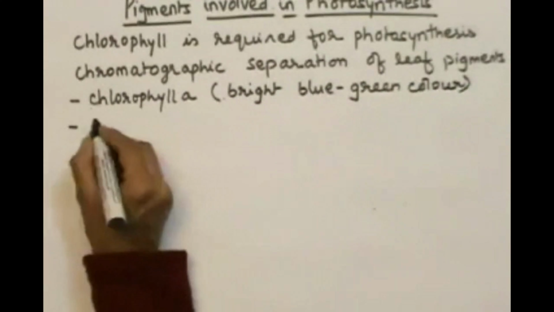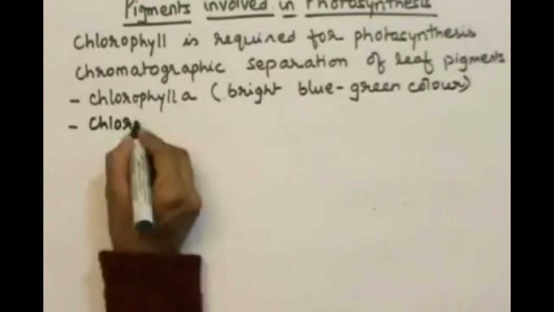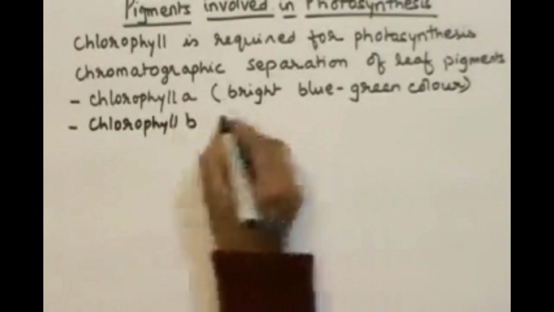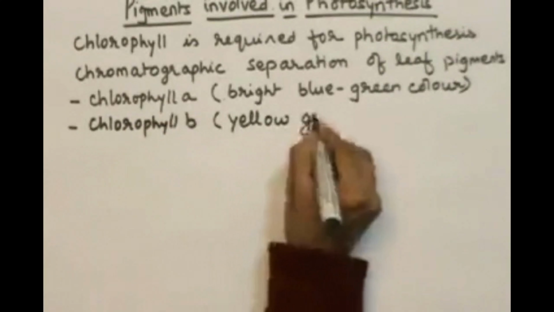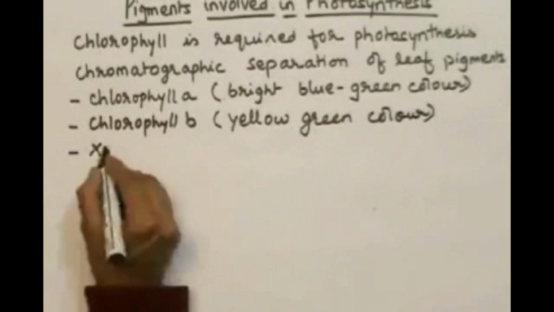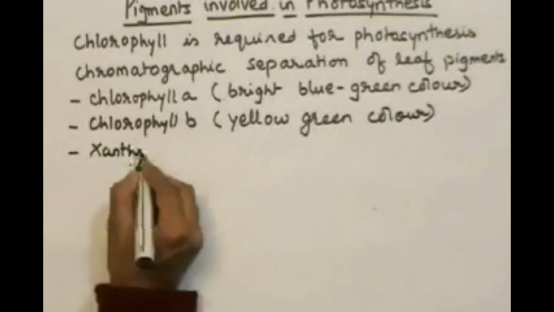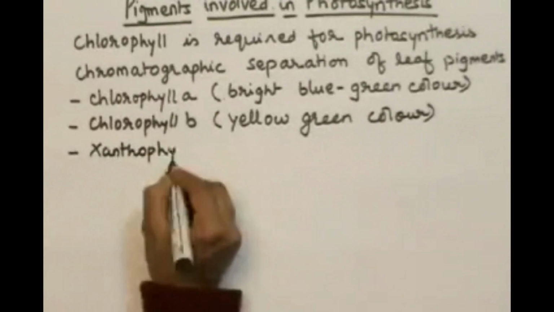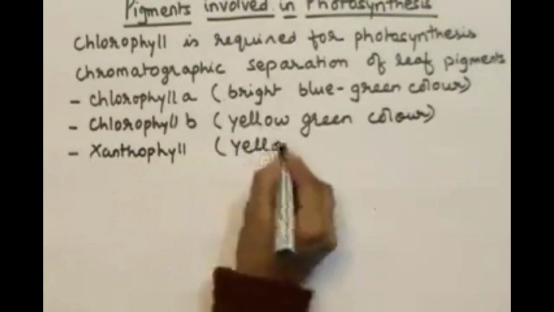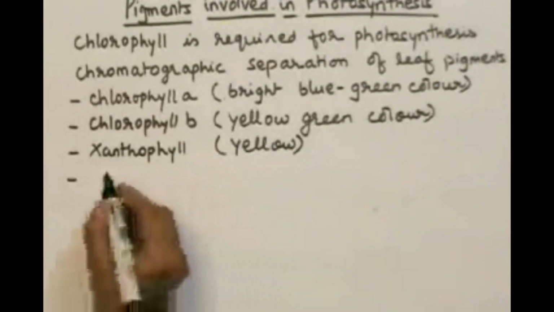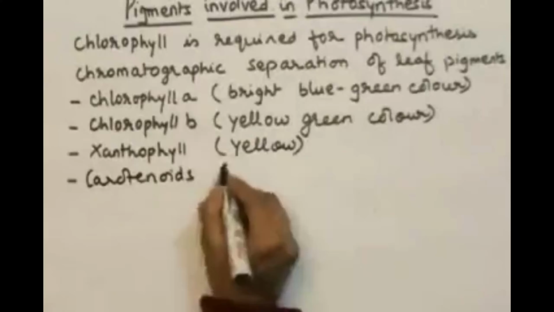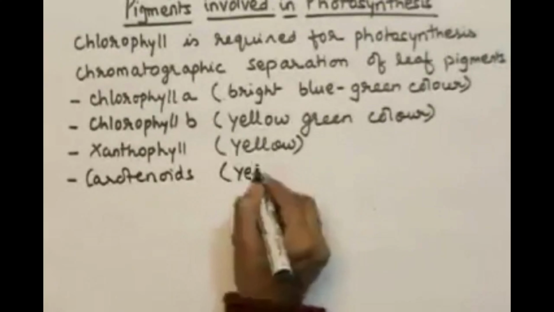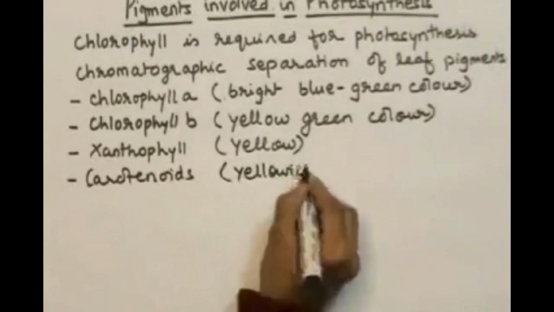Second pigment, chlorophyll B, which is yellow-green in color. Xanthophyll pigments, which is yellow in color, and carotenoids, which is yellowish orange in color.